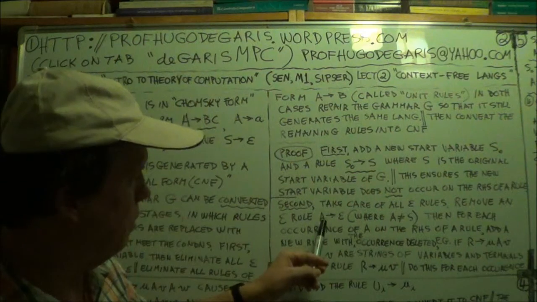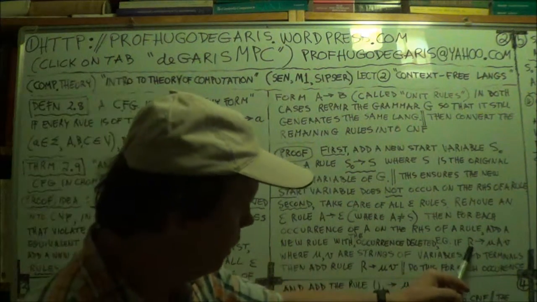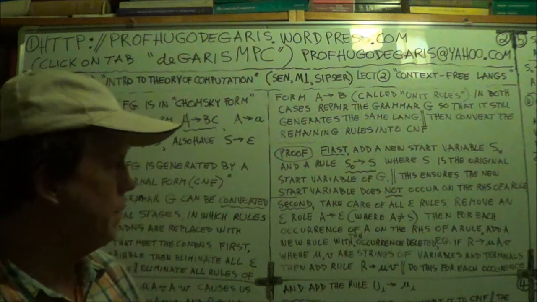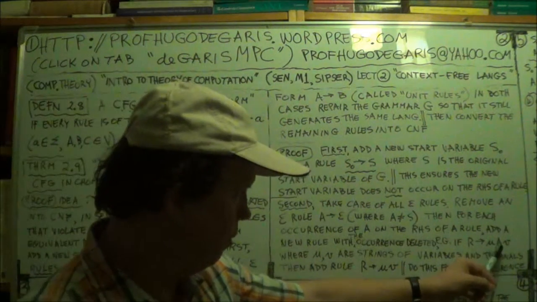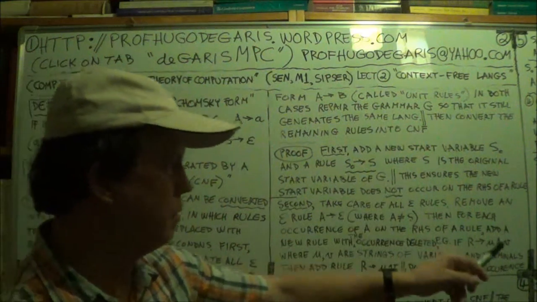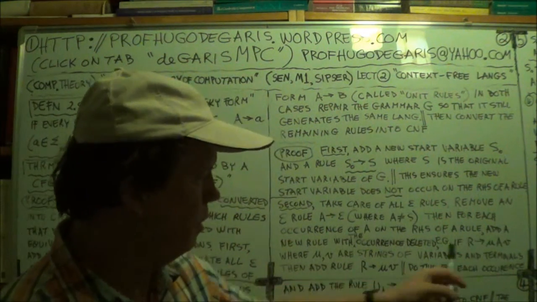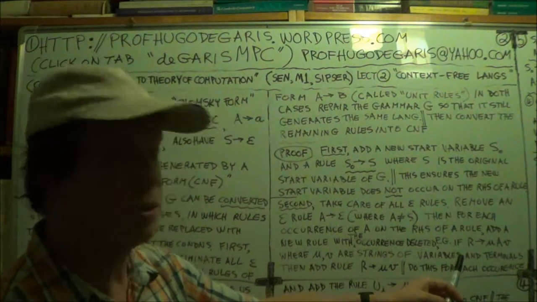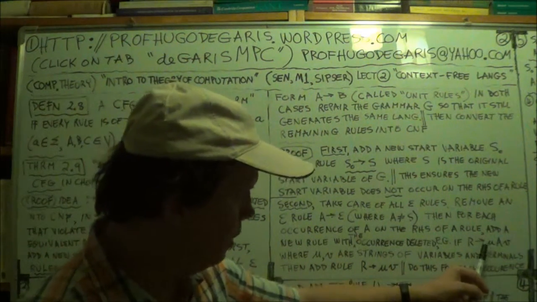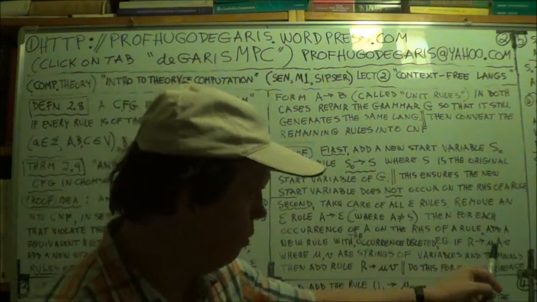We're just generalizing here, we could just call it A. Say you find a rule like this: you just throw the A out, and you add a new rule into your rule set, and in this case it'll just be R arrow UV.